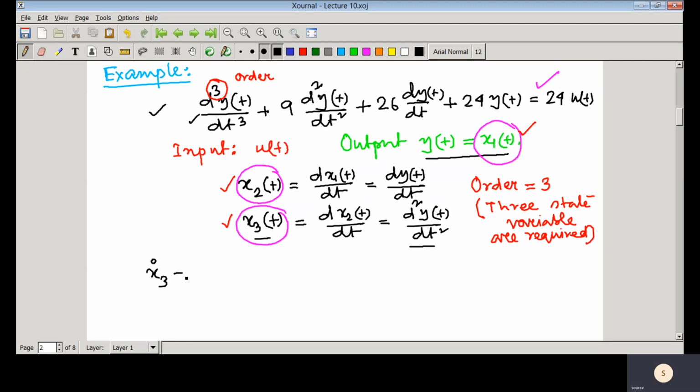x3 dot, so this equation we are writing, then I am taking the other terms on the right hand side, so that is minus 9. And now you look here, d2y/dt2 is nothing but x3(t).